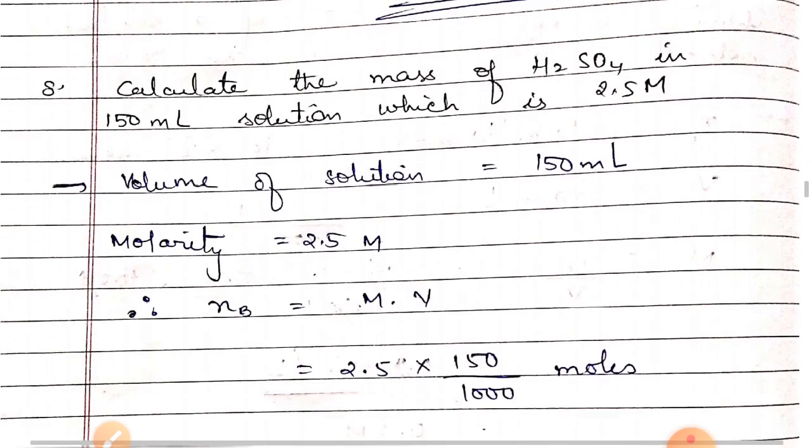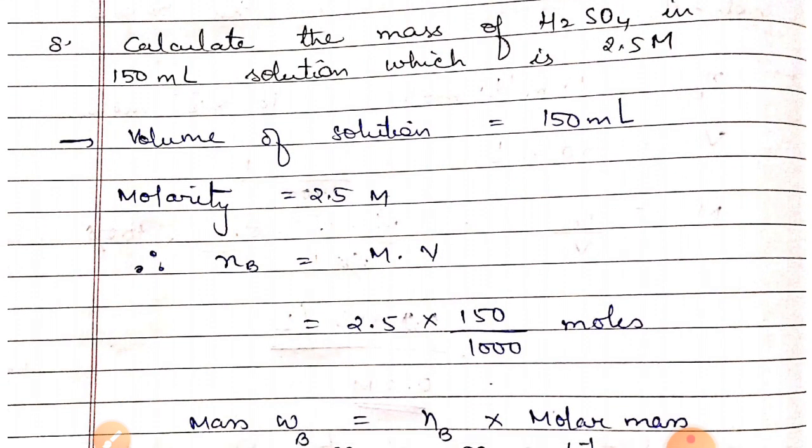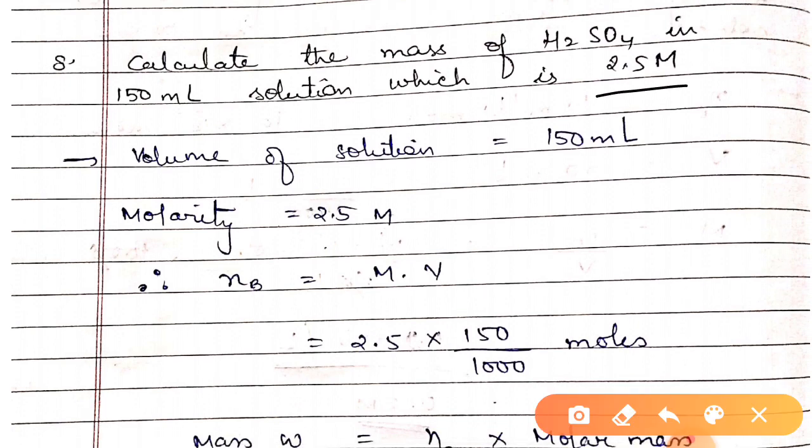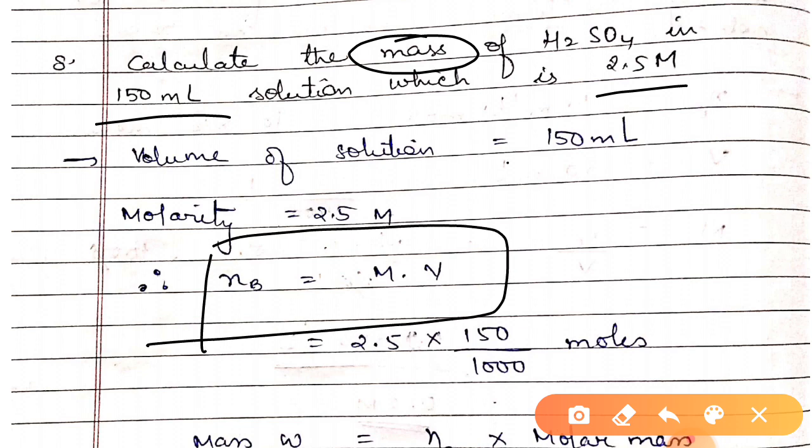Next, calculate the mass of sulfuric acid in 150 milliliter solution which is 2.5 molar. So molarity is given, volume is given. What we need to find? Mass. So first we will write the molarity equation. We know number of moles we can get from molarity.